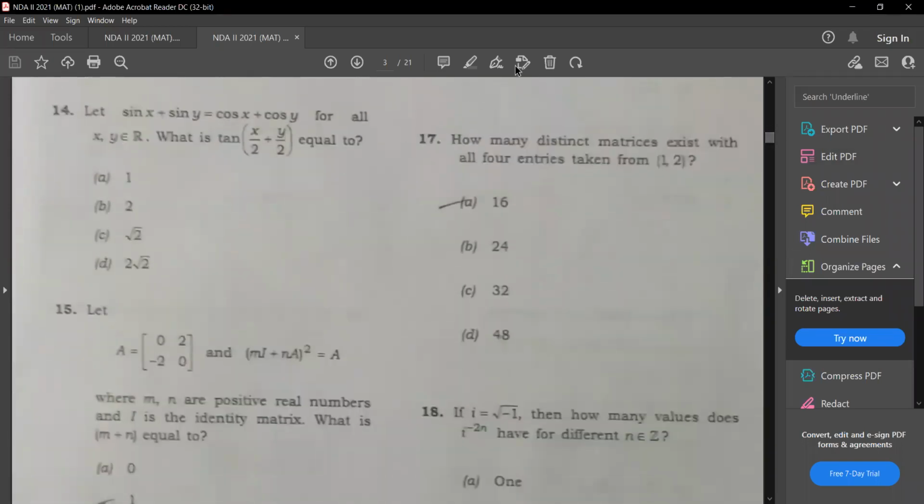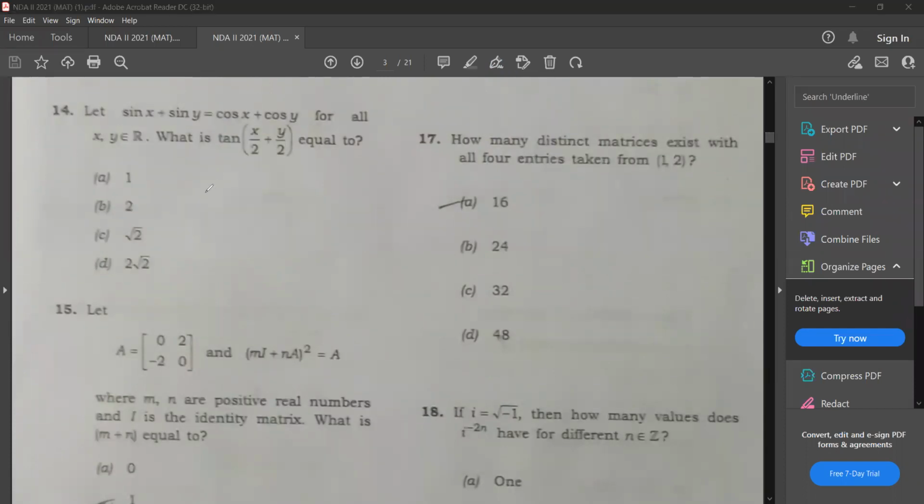Let sin x plus sin y be equal to cos x plus cos y for all x, y element of R. What is tan of (x by 2 plus y by 2)? Very easy question. Here you have to just substitute some values.